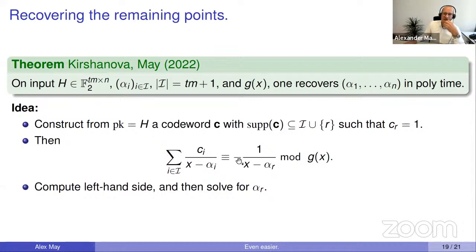Don't care about the minus, we are in characteristic 2, and we can right away read off alpha r. And that's what we do. We construct position by position these alpha r's, all the remaining points, by using this equation, by computing the left-hand side, inverting, and reading off the alpha r. That's it already. So let's see in practice how this works.